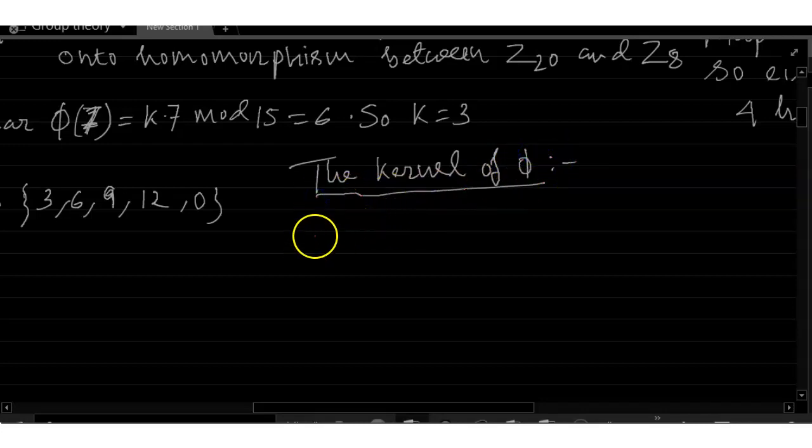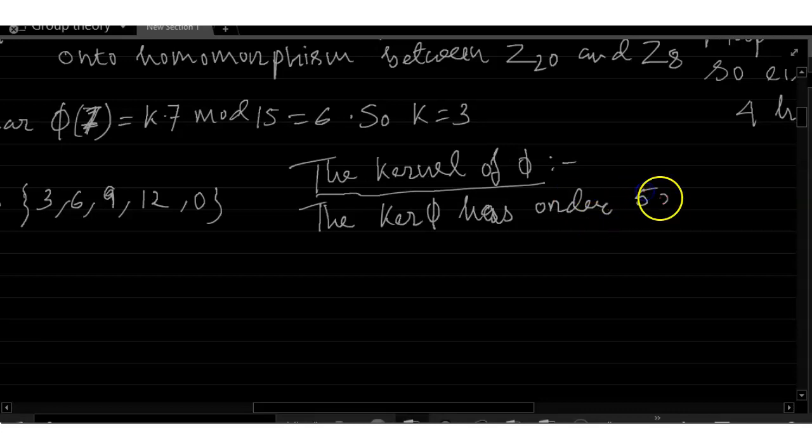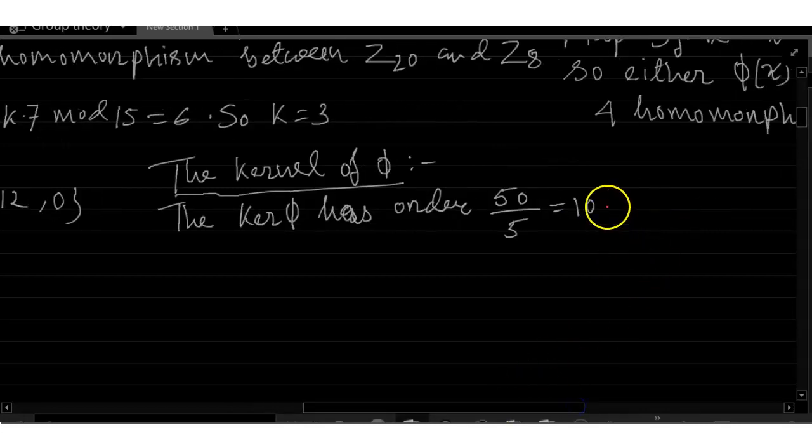The kernel has order 50 divided by 5, which is 10, in Z50.